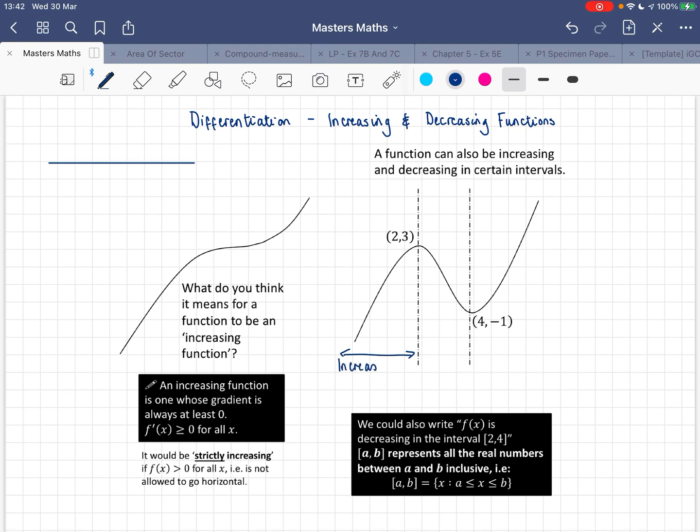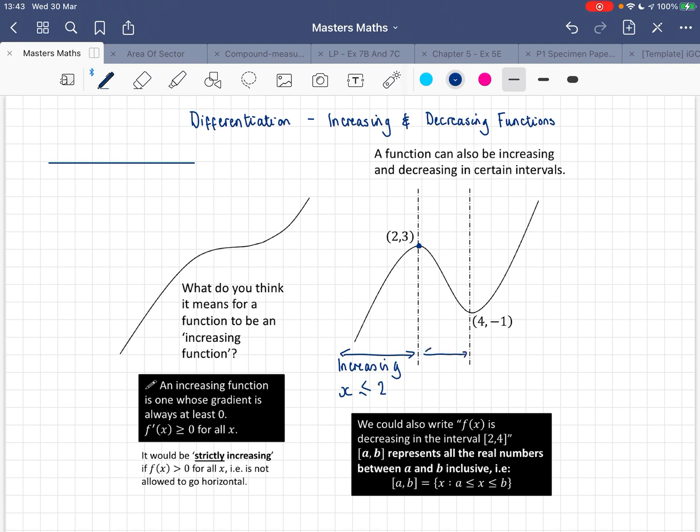The gradient would be positive there, for x less than or equal to 2. Yeah, less than or equal to, because obviously this is a turning point, the gradient changes, so the gradient would be 0. So it's increasing for x less than or equal to 2.